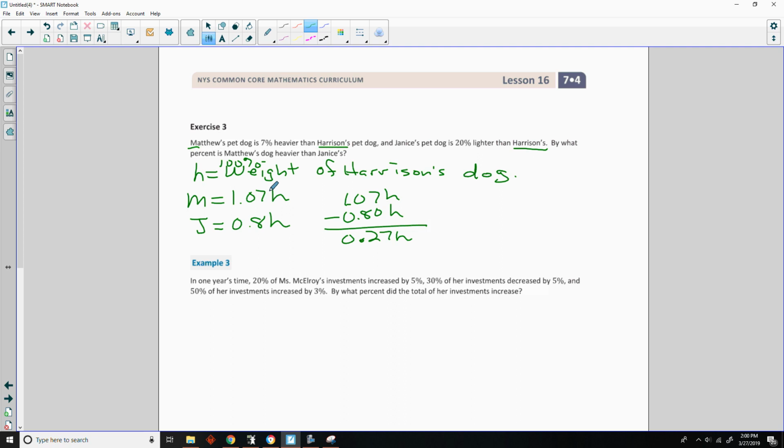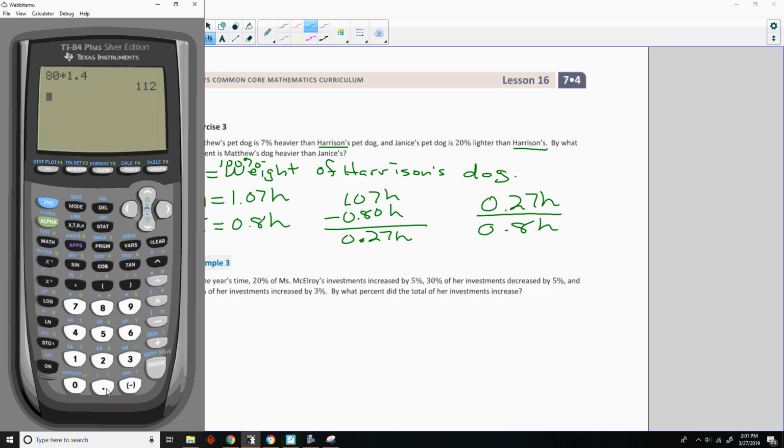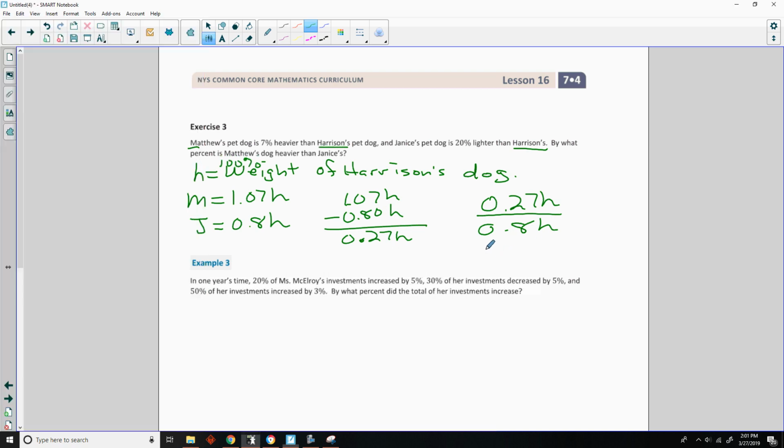So I subtract and get the difference between Matthew's dog and Janice's dog, and then I take 0.27H, the difference, and divide it by what Janice's was, which was 0.8H. So if I take 0.27 divided by 0.8, I get 0.3375.